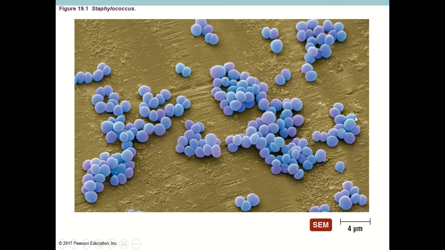And then last but not least is formation of slime layers and capsules. Capsules form around the bacterium. So what that's going to do is inhibit leukocytes from carrying on with their chemotaxis.